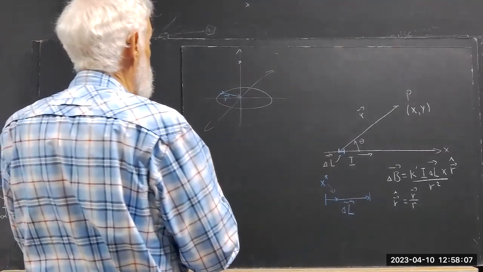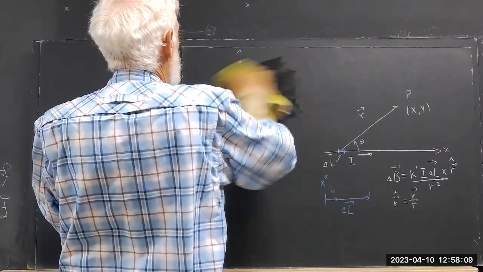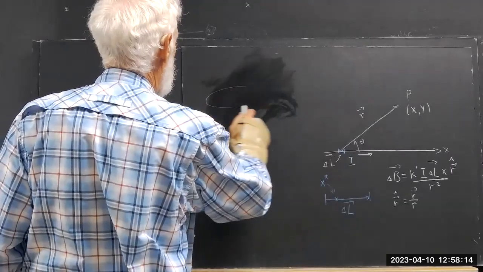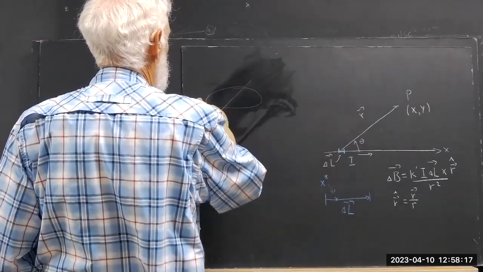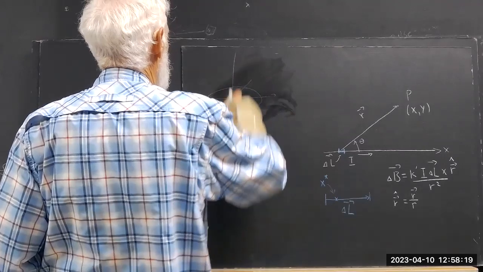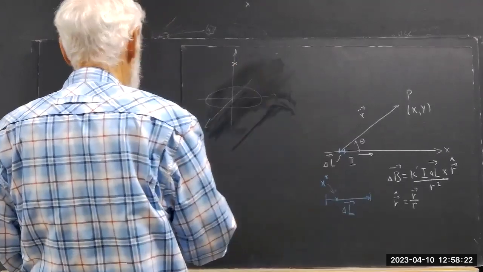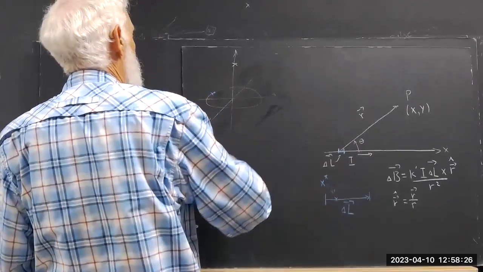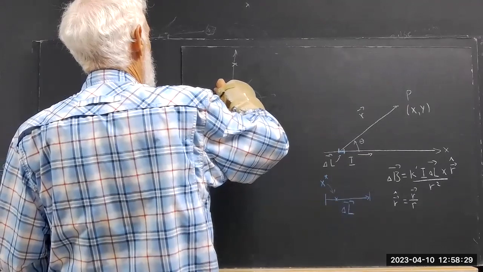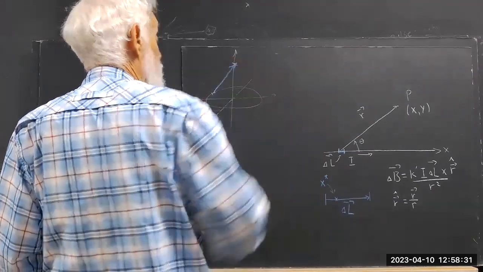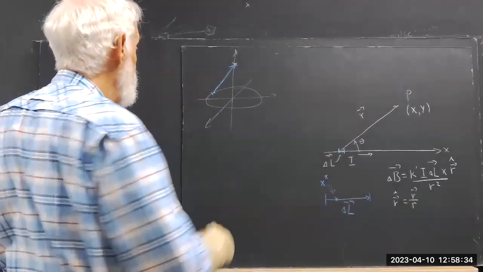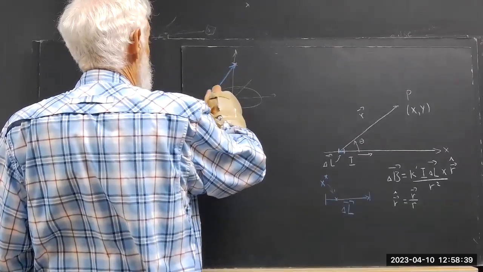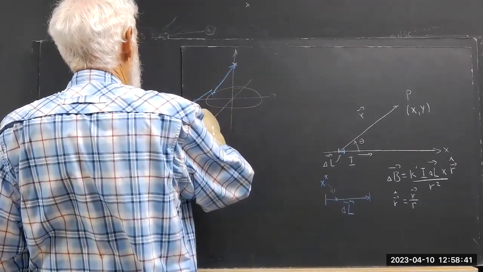Before we actually do this, I'm just going to start to look at the picture. Here's my I delta L, and my R vector was here, and my I delta L vector, and this is just my delta L. My I delta L vector is here.